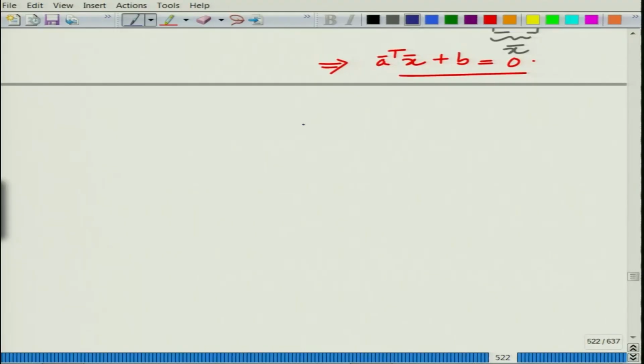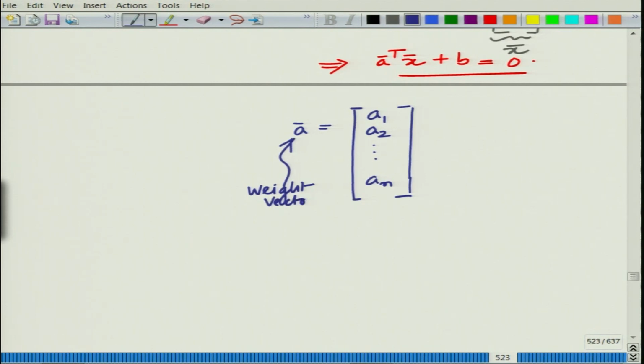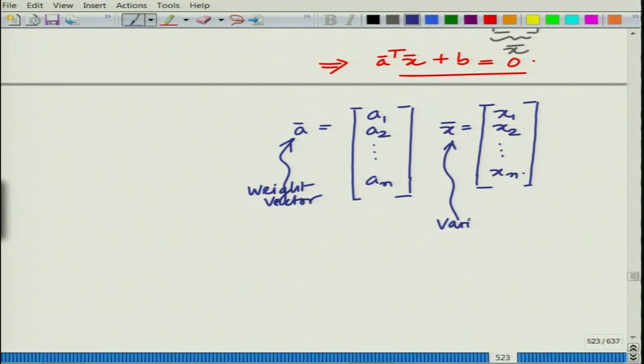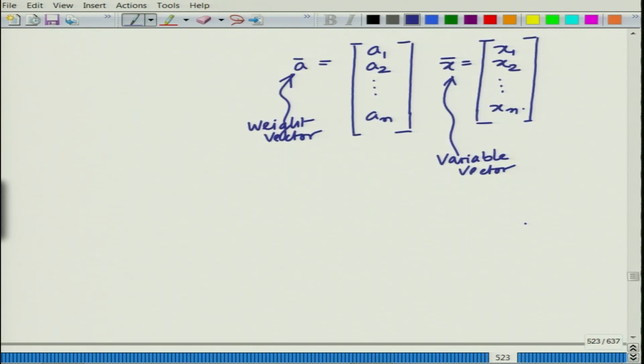So, I have A bar, which is my weight vector or coefficient vector, and I have x bar equal to x1, x2, up to xn, which is my variable vector, and b is nothing but a constant.